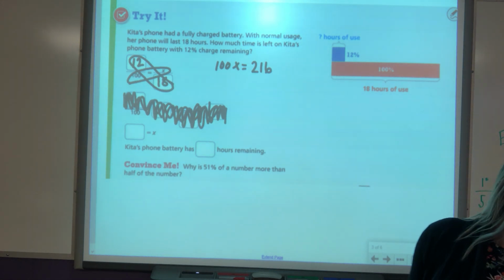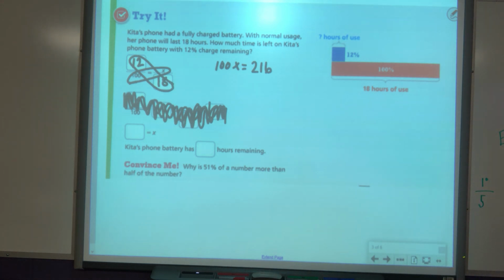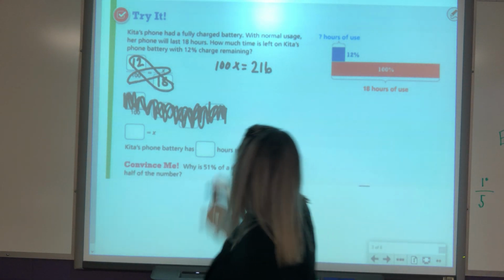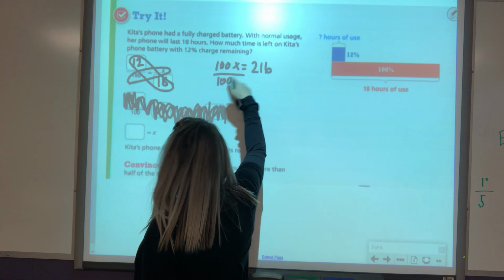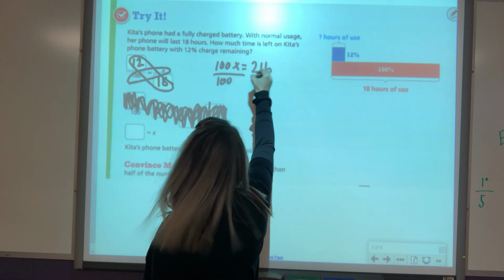Now what? You have to divide by 100. Left side, whatever I do left, I do the right.